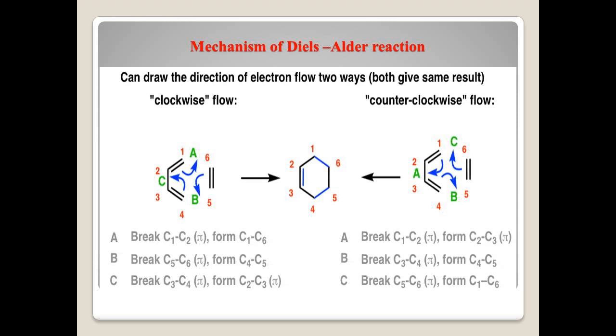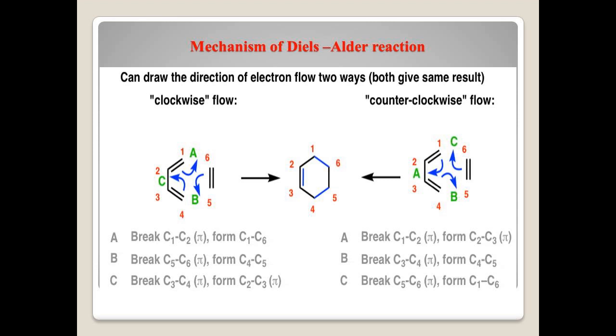Then the bonds break. The dienophile breaks its double bond and forms a single bond. The fifth and sixth carbon have a double bond; when one breaks, it gives a single bond.